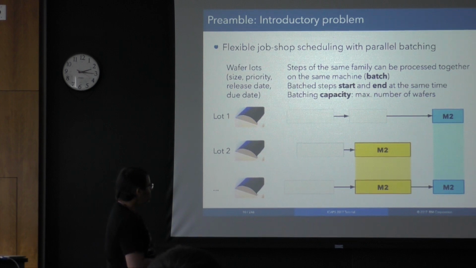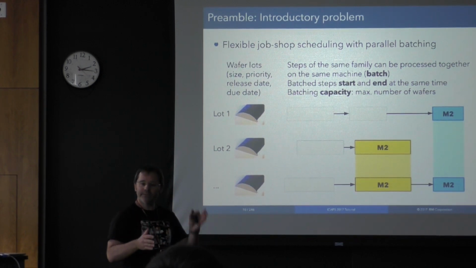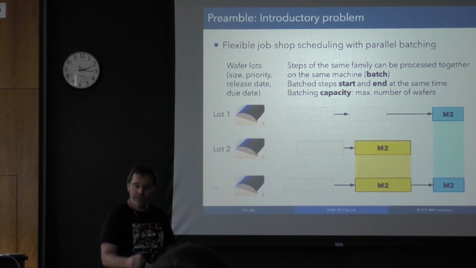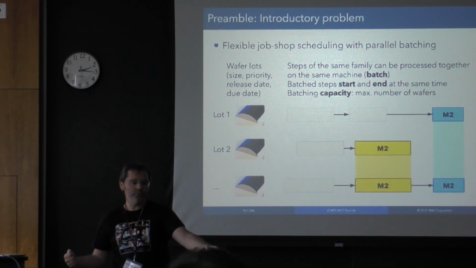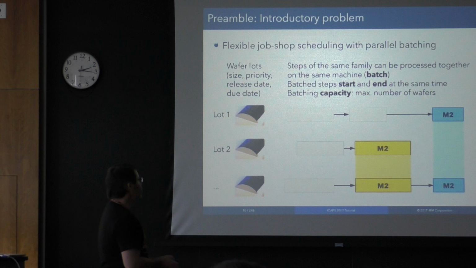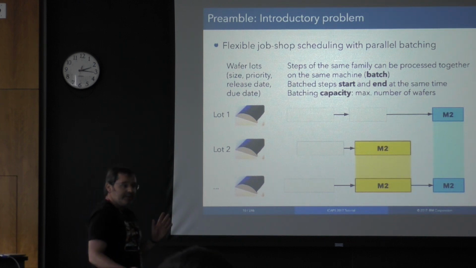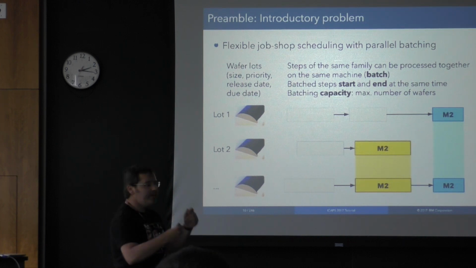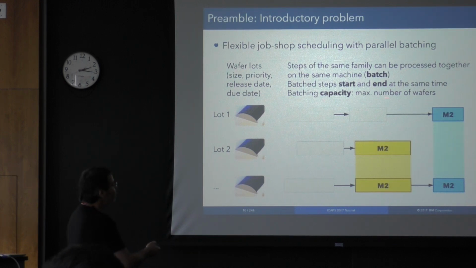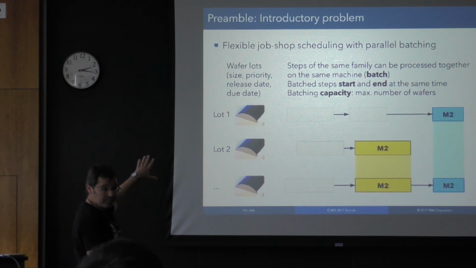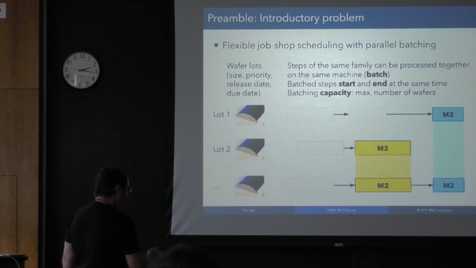Furthermore, when you batch together two steps, they start and end at the same time because you put them together in the machine, you treat them, and then you take them out. But the machine also has a capacity because you cannot put too many wafers on the machine at the same time. So there is also a maximal capacity of the machine. I said it's very simplified from the reality, but a maximum number of wafers.